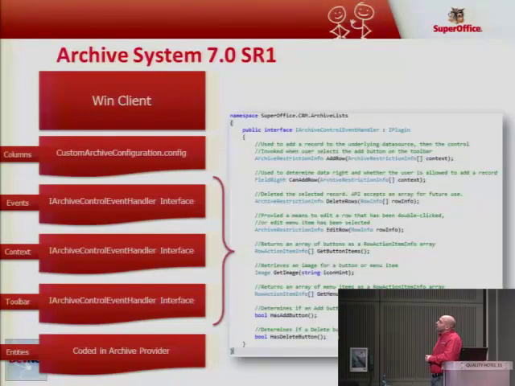Could have been broken down into two interfaces, but we figured it would be a lot simpler for you to do it in one. The actions that take place inside the class that implements this interface are going to be two things. What happens when this archive control is invoked? What am I going to show? And then basically what happens when I interact with that control.